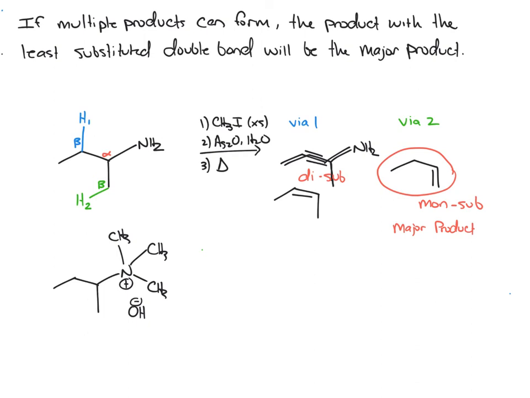And basically what it comes down to is this hydrogen that leads to the less substituted double bond is sterically easier for the base to get to than the other beta hydrogen.